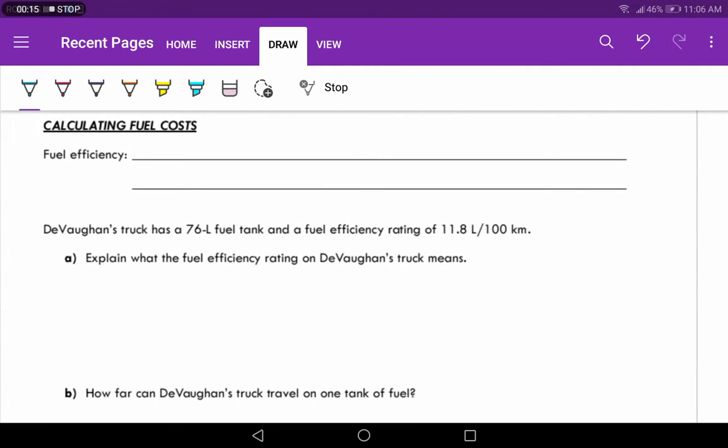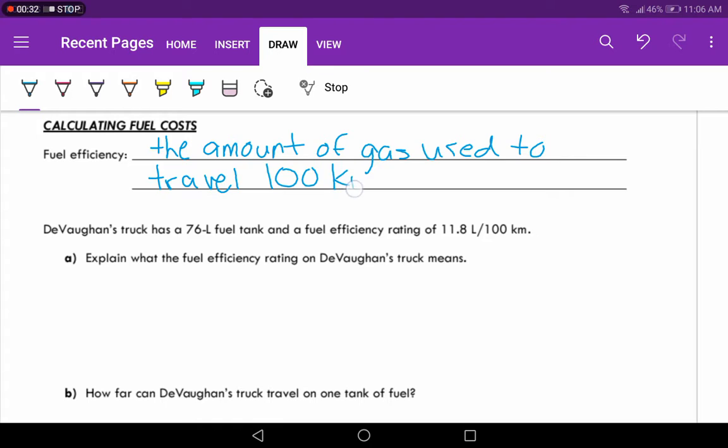So fuel efficiency can be defined as the amount of gas used to travel 100 kilometers.